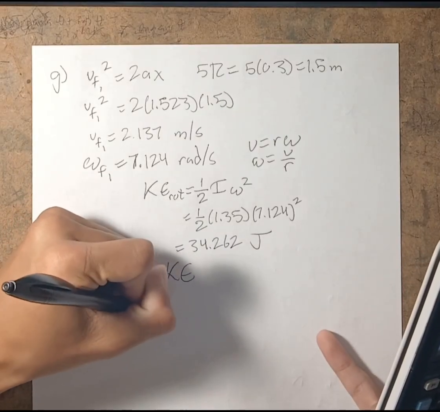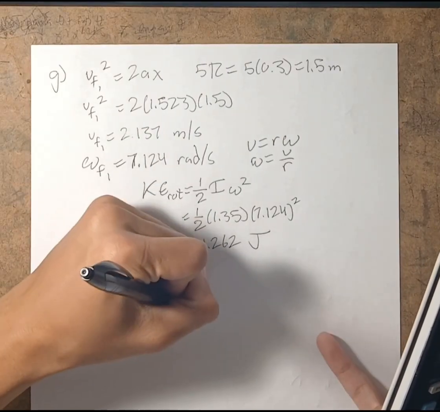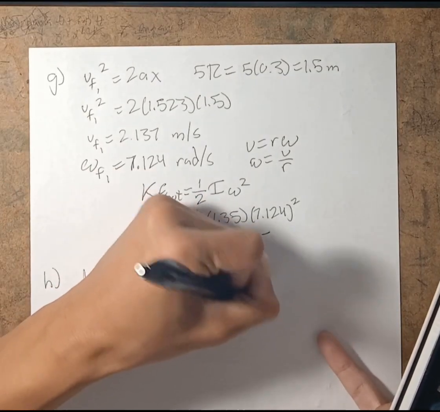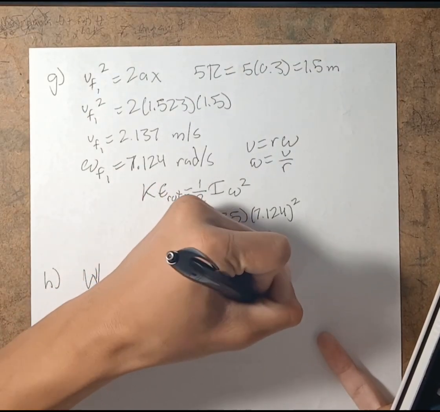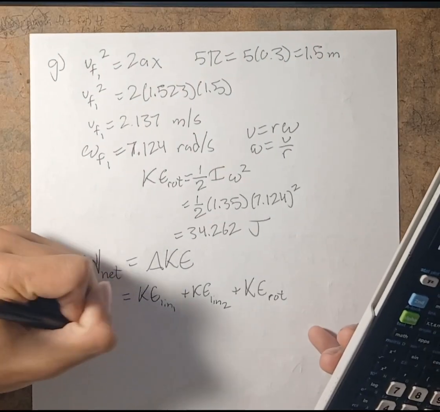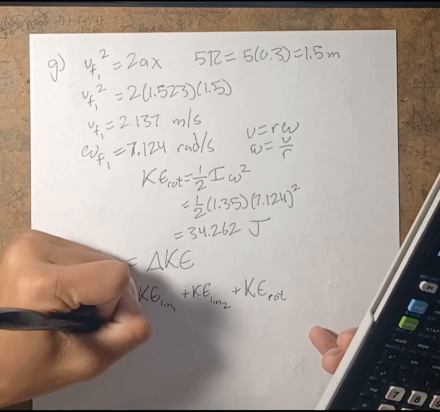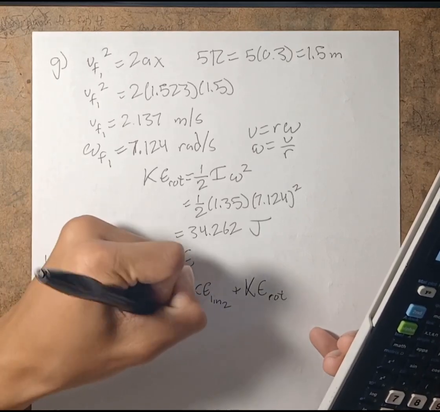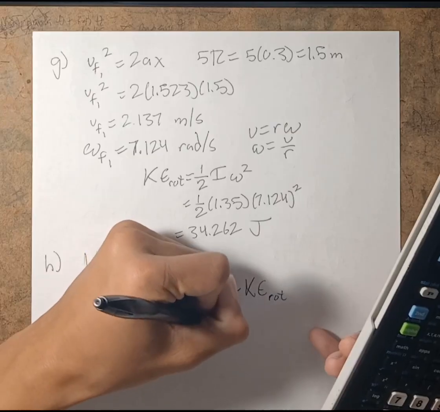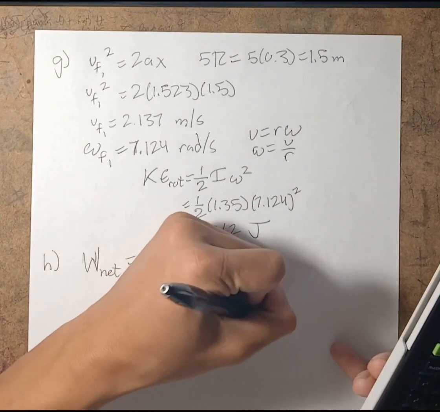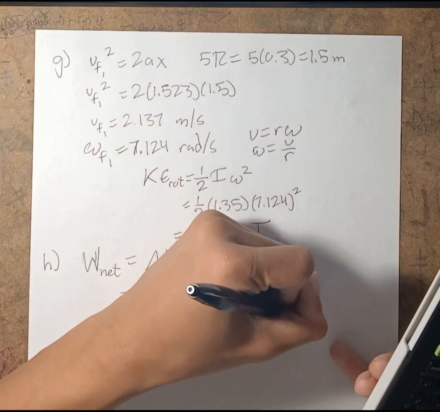So KE lin 1 for object 1 plus KE lin 2 for object 2 plus KE rot for the cylinder. And that will equal our net work at that point. So 1/2 m1 v1 squared plus 1/2 m2 v2 squared plus 1/2 I omega squared.